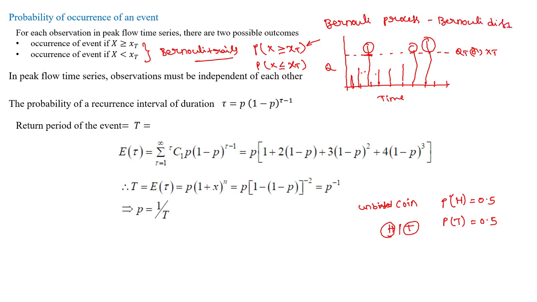I hope you remember this equation from statistics: P(X = r) = nCr p^r q^(n-r). This is the general PDF equation of the Bernoulli distribution.